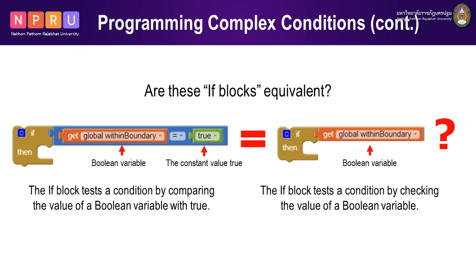If within battery contains true, we compare true to true, which is true. If the variable contains false, we compare false to true, which is false. However, just testing the value of within battery, as in the test on the right, gives the same result and is easier to code. This brings us to the last section.